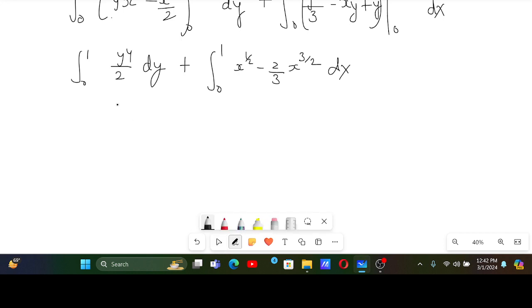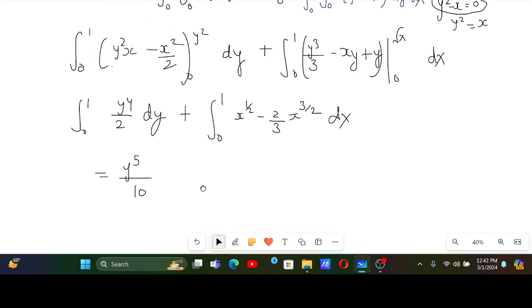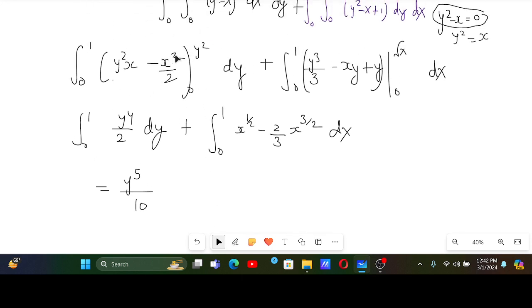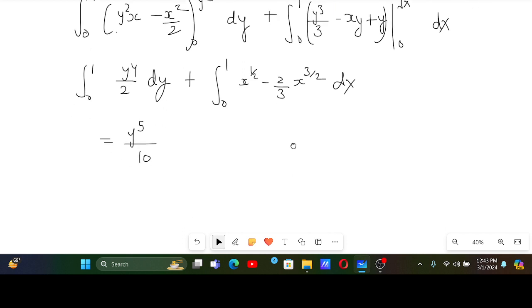Very easy. So y to the power 5 by 2. Also note that I have evaluated this at both y square and 0. At 0 both of them are 0, so that's why I didn't write it. Please note that.